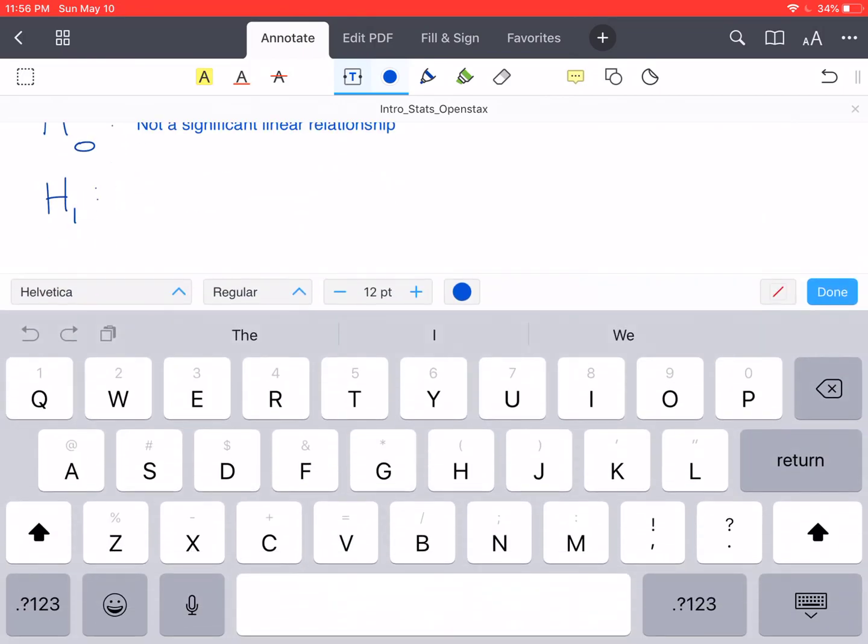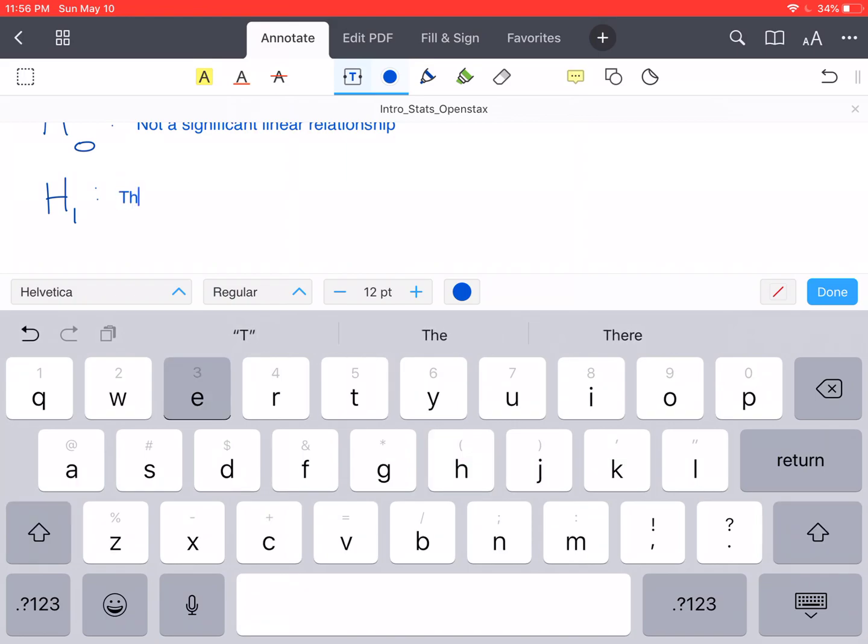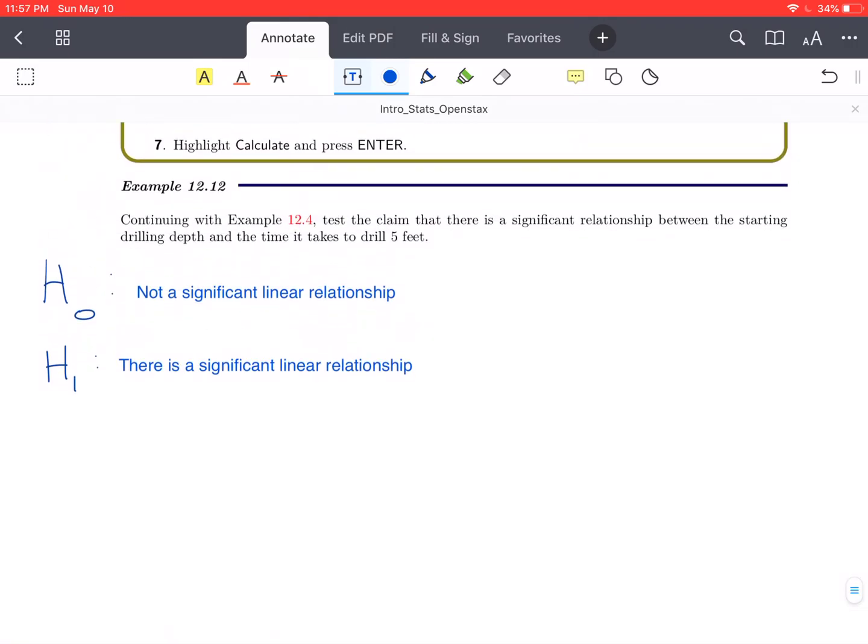And our alternative, of course, what we're trying to find evidence for, is that there is a significant linear relationship. Okay, so that's what we're looking for here.